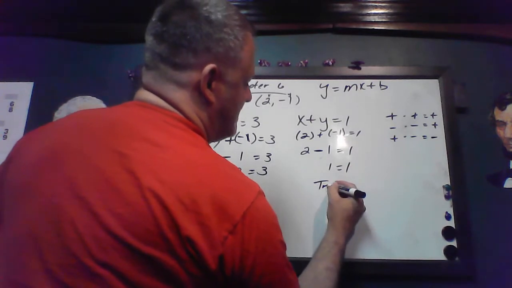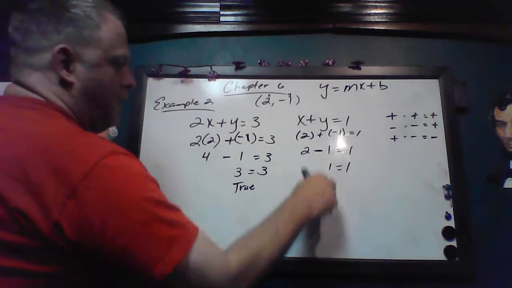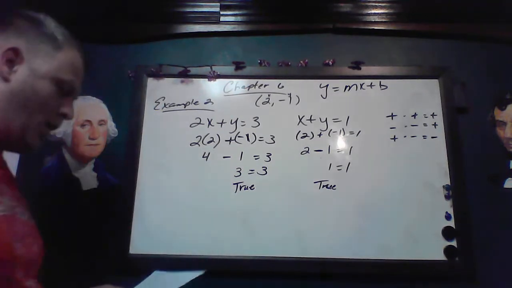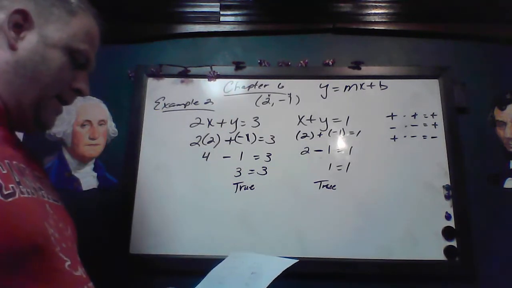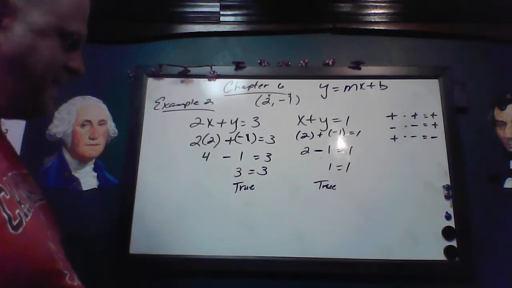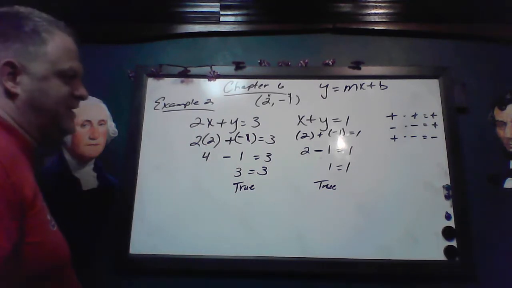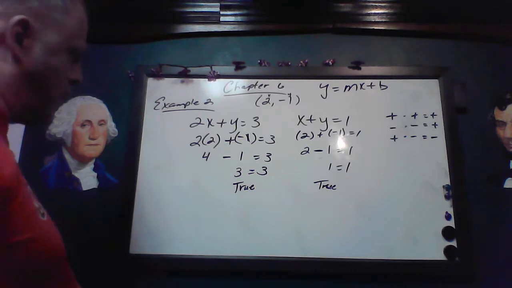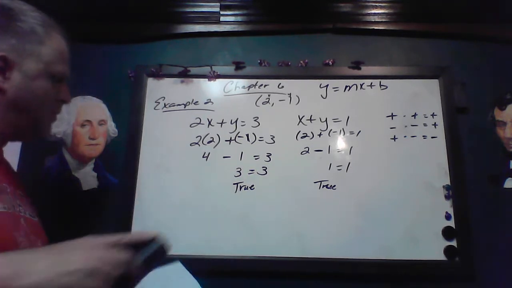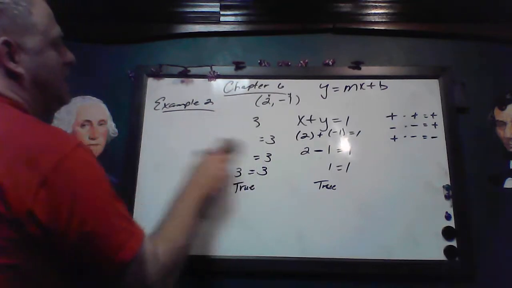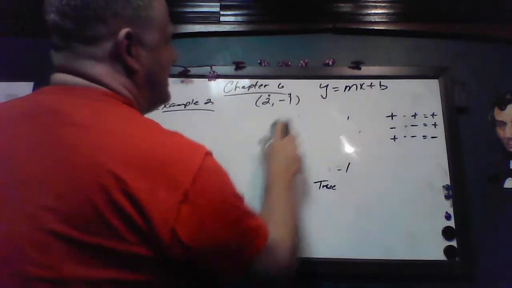Is this true? This is true. 1 on this side does equal 1 on that side, so that is true. And they go to the same point. So that's one solution.